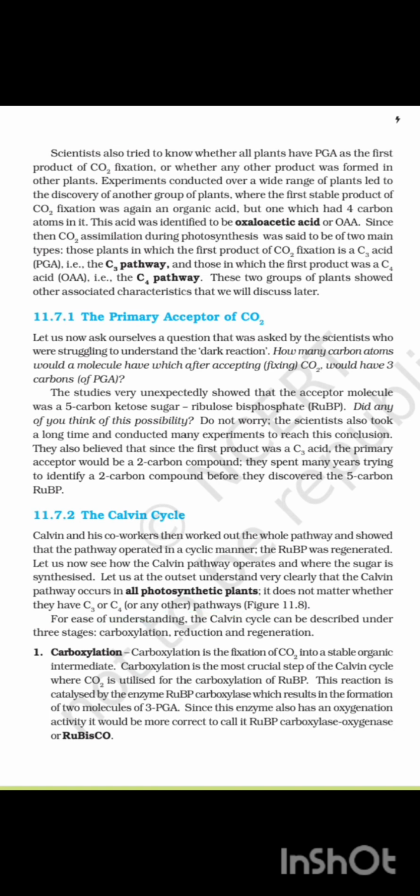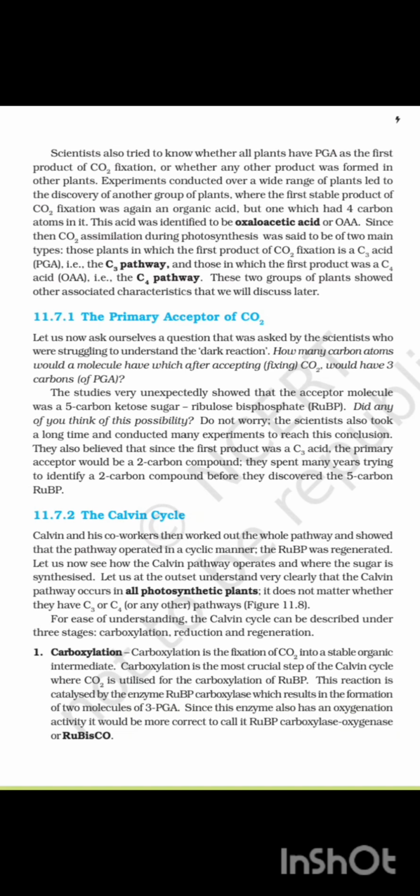Figure 11.8. For ease of understanding, the Calvin cycle can be described under 3 stages: carboxylation, reduction, and regeneration. First, carboxylation. Carboxylation is the fixation of carbon dioxide into a stable organic intermediate. Carboxylation is the most crucial step of the Calvin cycle, where carbon dioxide is utilized for the carboxylation of RuBP.